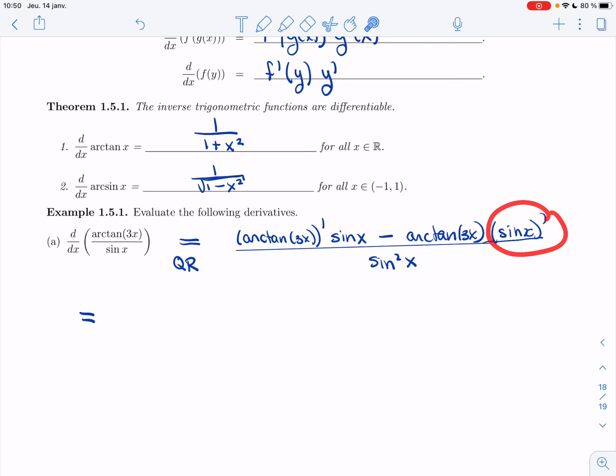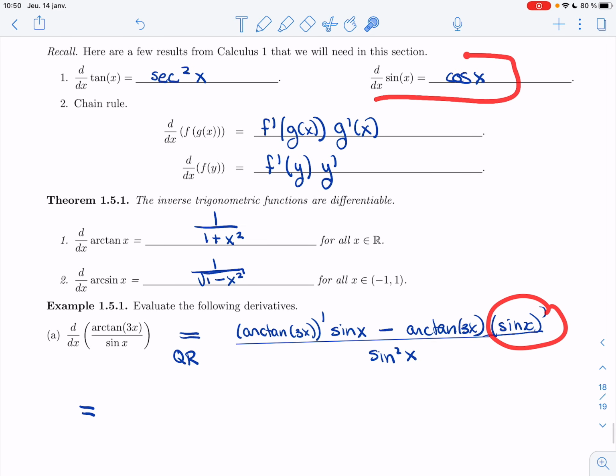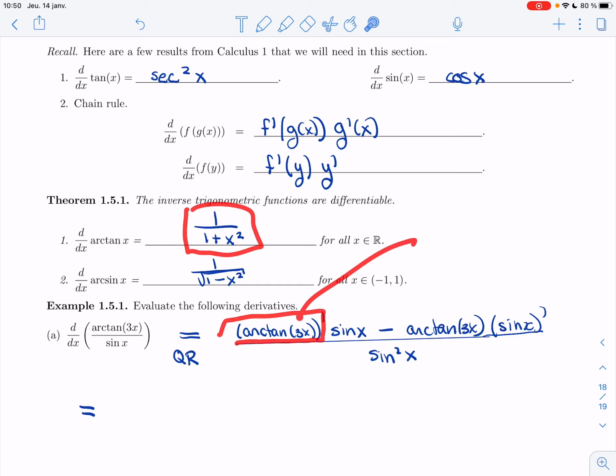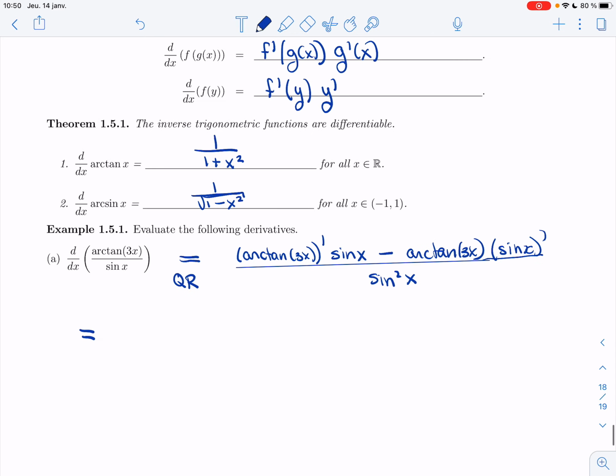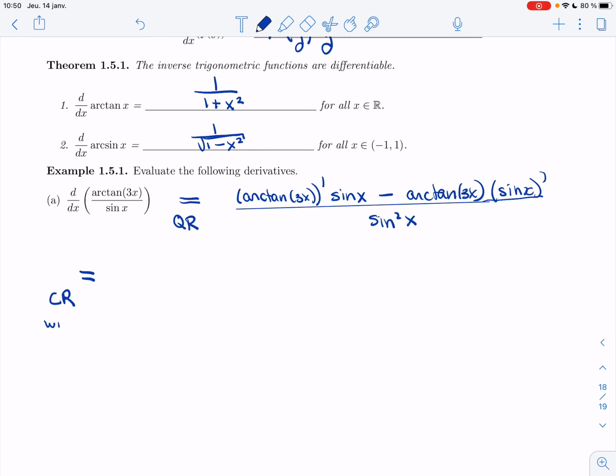This term is pretty straightforward. In fact, I actually wrote it here. So this is cosine. The derivative of arctan would be this function, but notice that I don't have only x inside, I have 3x inside. So for this term, I'm going to need the chain rule. I'm going to take y equals 3x.